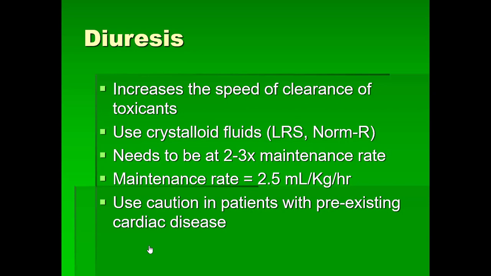Isotonic fluids are what's used at 2 to 3 times maintenance rates, and we can also combine them with mannitol, which, as you probably all know, is an osmotic diuretic, to be more effective and make the IV fluids more effective. And as we will see, there are many toxic compounds for which diuresis is recommended.